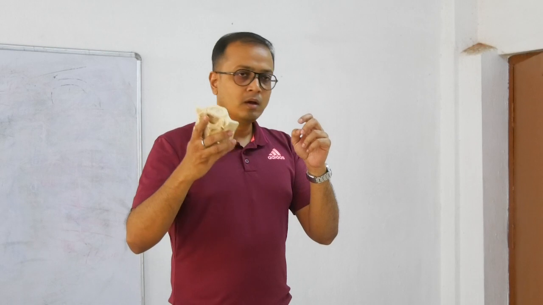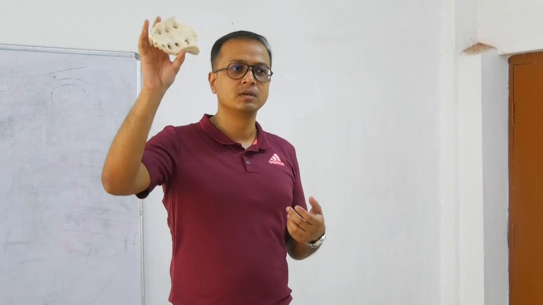So your head is inverted right now, right? This intervertebral disc, along with the vertebrae present here, S1, S2, S3, S4 and S5, are fused and give rise to a single piece of bone.